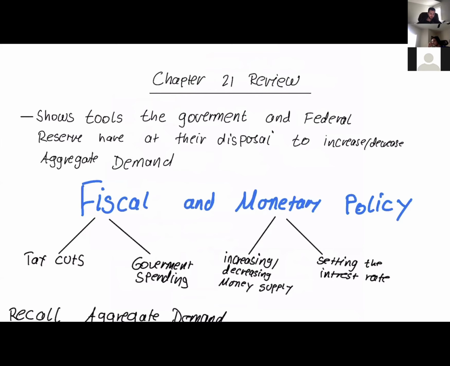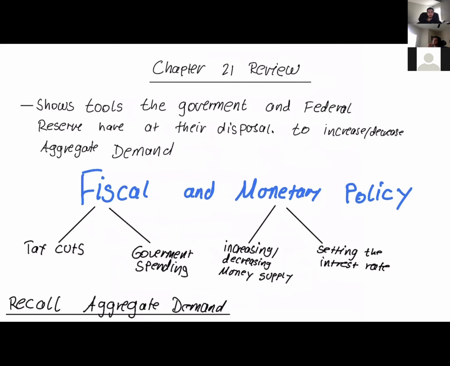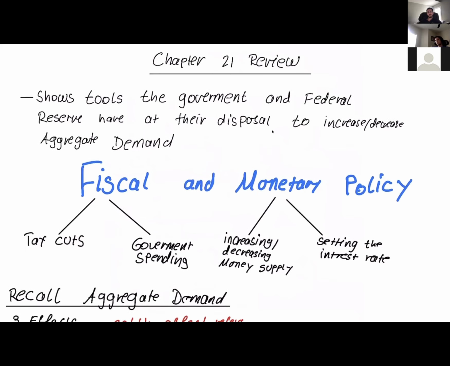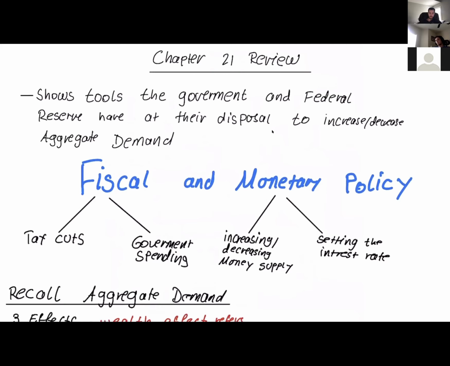Like Justin, I prepared little notes, just going a little bit about the main concepts about fiscal and monetary policy. So, what is chapter 21 really about? It shows the tools that government and the Federal Reserve have at their disposal to decrease aggregate demand. At the moment, we're living in that time.